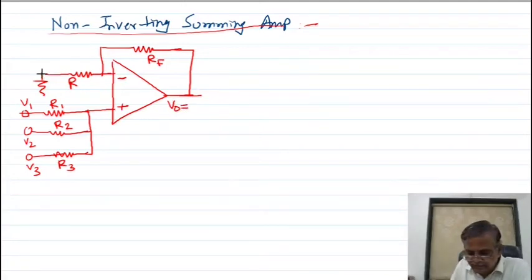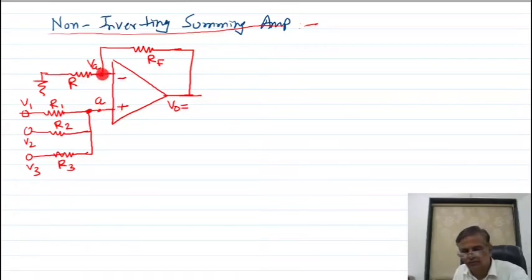It's very easy. Say this point has a potential VA, say this point is A. Now very simple, you know that due to the infinite input impedance between these two, this does not draw any current.